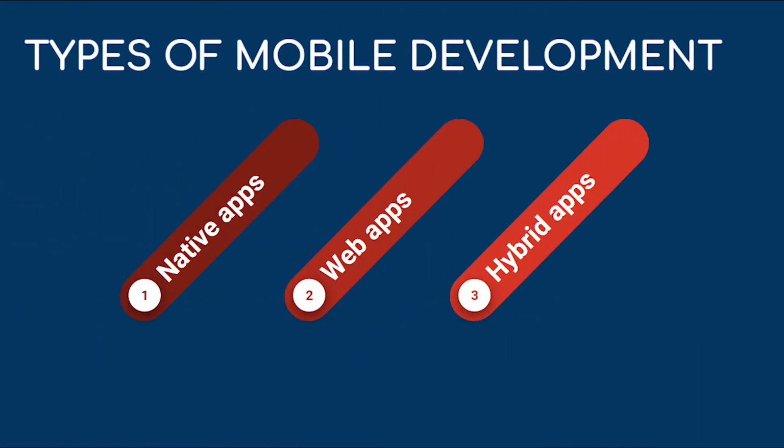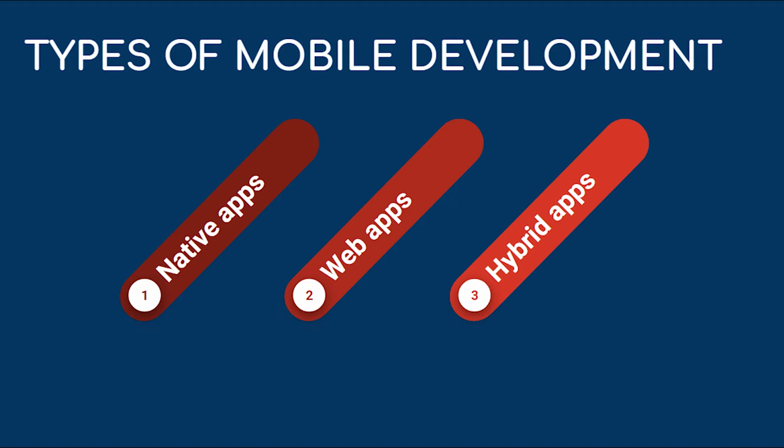Types of mobile development. It is broadly categorized into three types: native apps, web apps, and hybrid apps. Native apps, also known as core applications, are highly customizable applications.